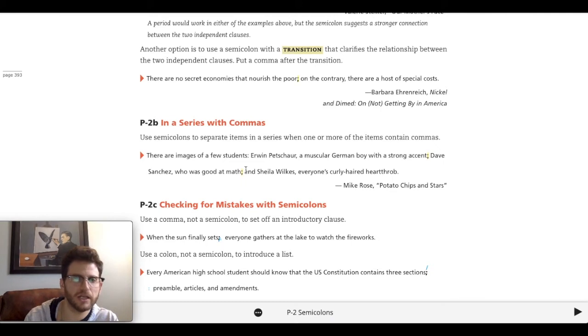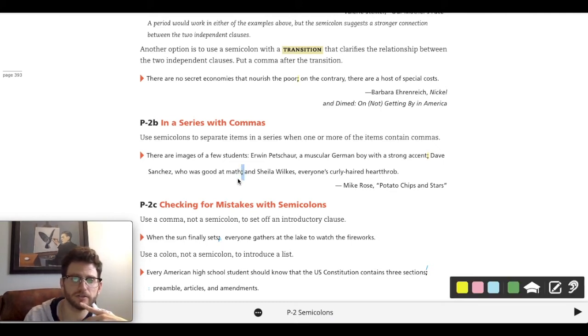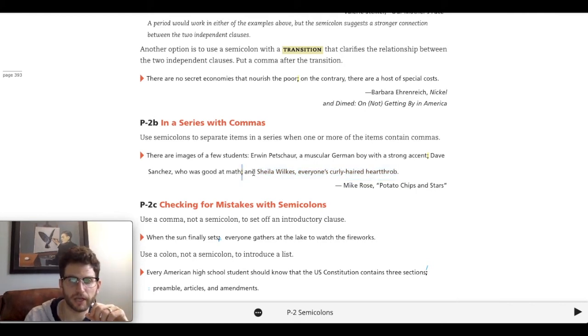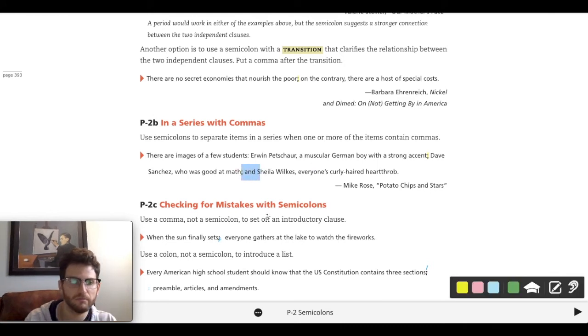And then lastly, same thing. Separate us from the third item in the list, semicolon again, and then we end with and. Yes, you can use a semicolon next to an and. Here's a perfect example of where you would do that, where you've got a complex list.